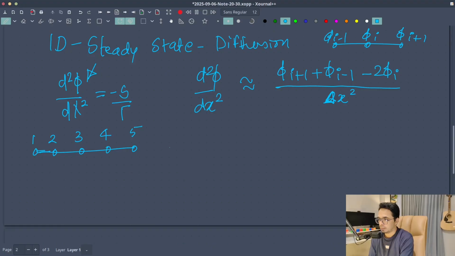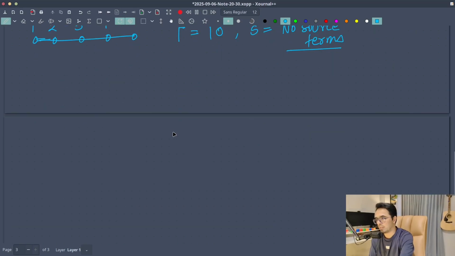Here I would say that gamma is equal to a constant value of 10. We can ignore s for now. I can say that there are no source terms, so therefore s becomes 0, and simply that equation becomes d2 phi by dx square is equal to 0, and things simplify a lot.